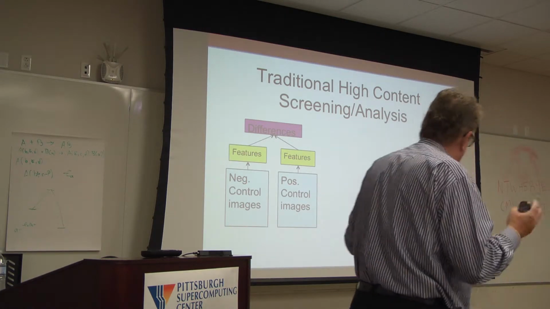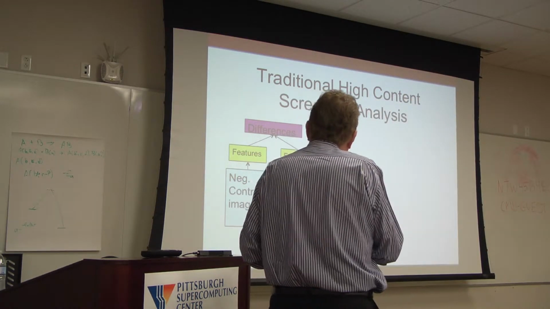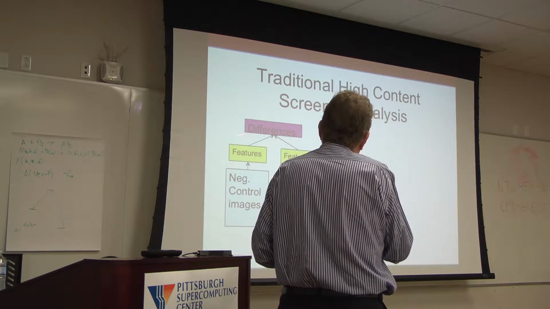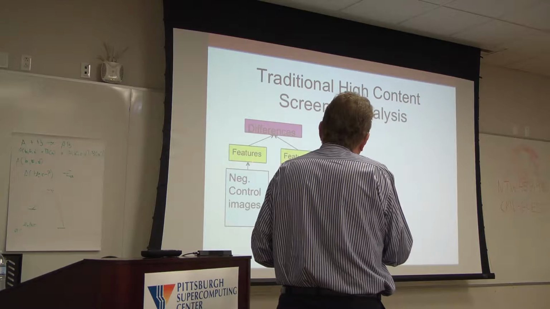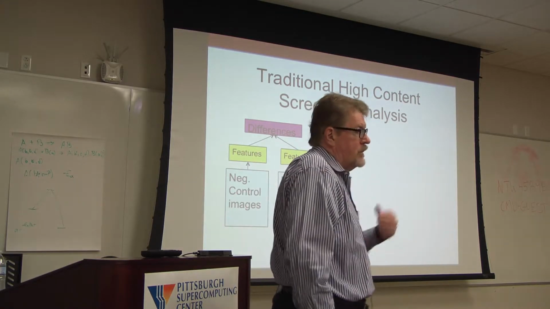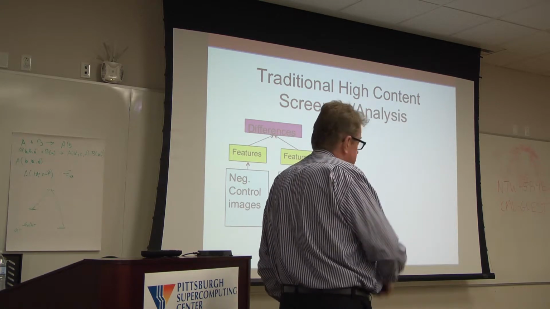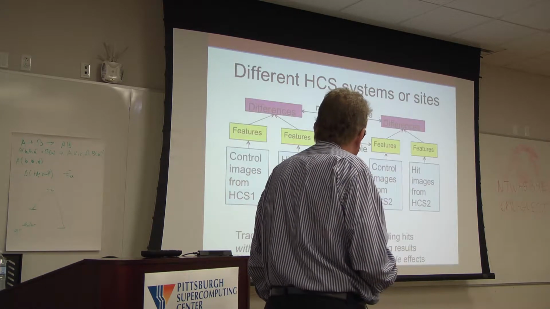It doesn't have to be two, but very often it is. And you take example images of those two things, calculate features from them, and then try to figure out how to use those features to tell the difference between those two things. So that's a very standard thing to do nowadays.